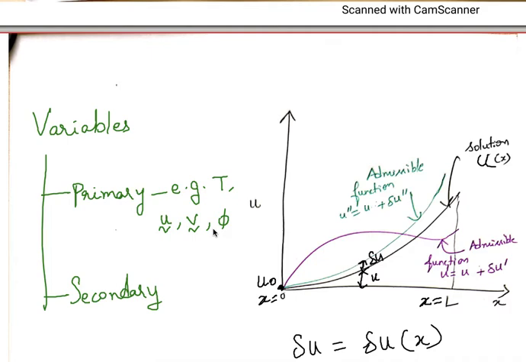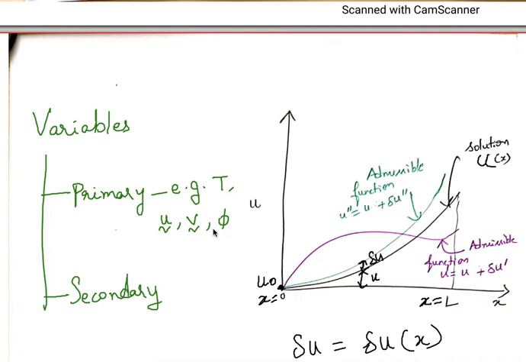In electrical analysis where currents are involved, current would be the primary variable.